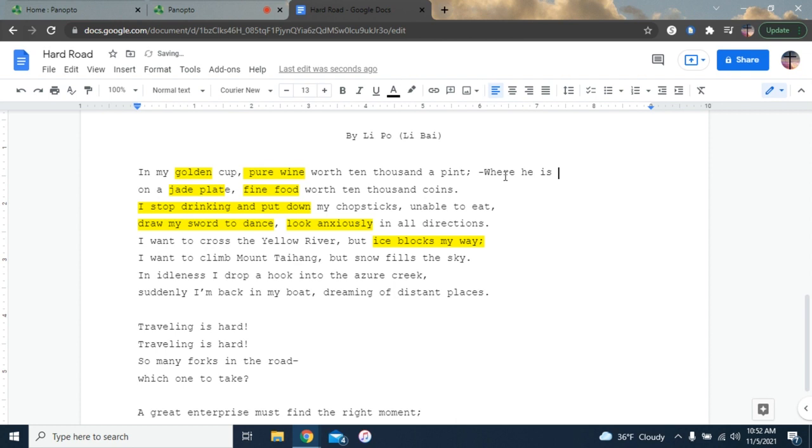It doesn't matter how many words it is. It's just what you think it means to you and any devices that you see within it. So we look at line 3, and I'm going to put a metaphor for stopping. He's trying to get up enough courage, enough strength to make this choice, this change.